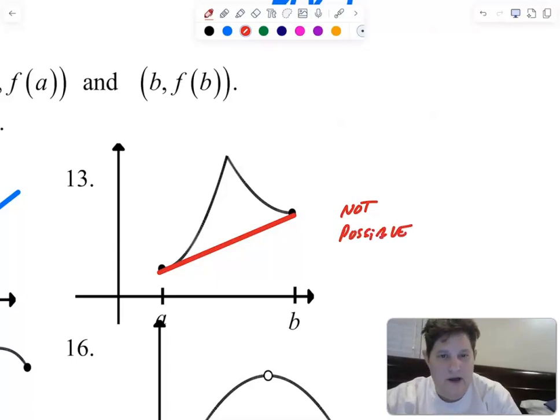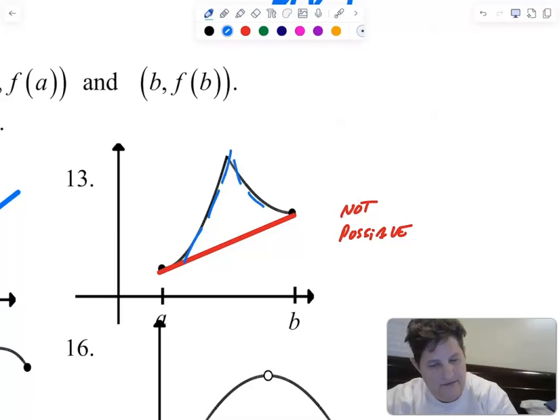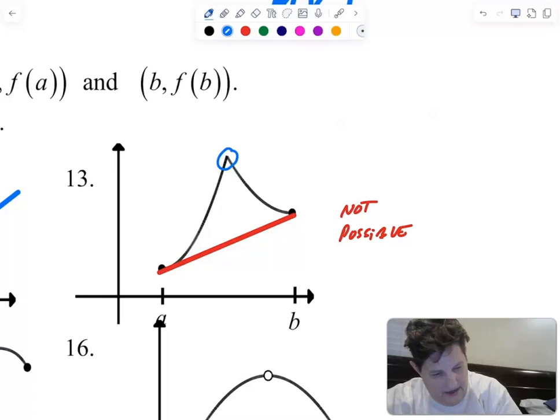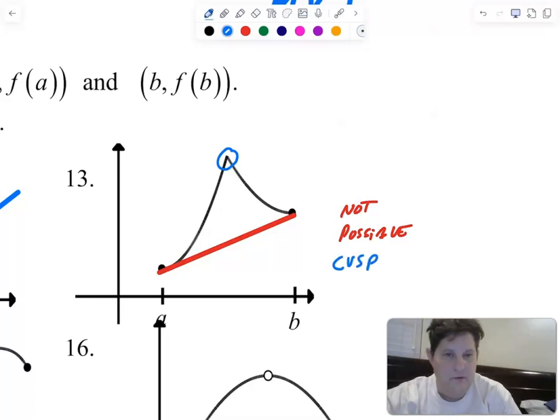There are all these possible tangent lines coming in here, but none of them are ever going to be parallel to the line down here. The reason is because it has a cusp, so we can't do it.